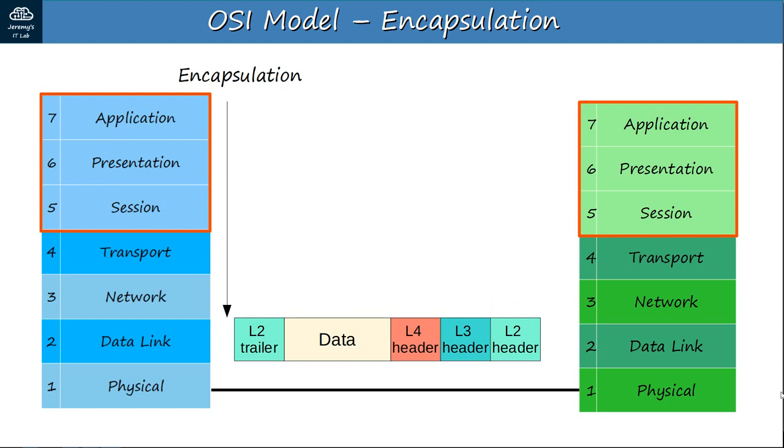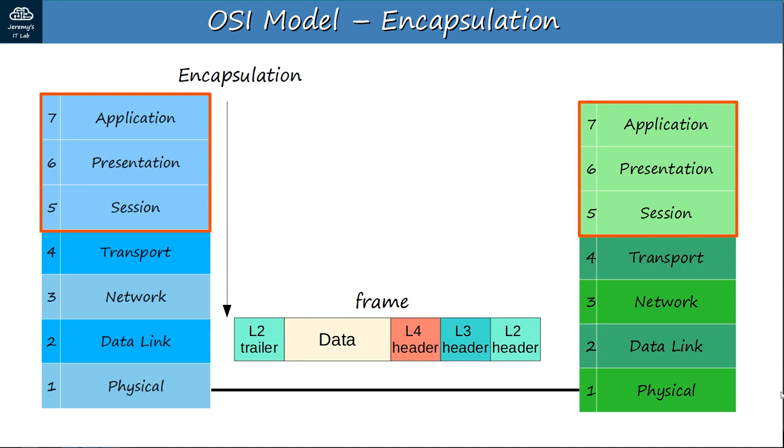At this point, the combination of data, Layer 4 header, Layer 3 header, Layer 2 header, and Layer 2 trailer is called a frame. Now, the data is not further encapsulated at Layer 1. This frame is then sent over the connection, whether it's electrical signals over a wire or wireless signals in the case of Wi-Fi, to the neighboring system.